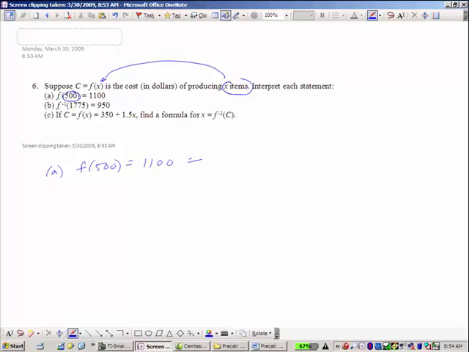Change your answer a little bit. Yes, $1,100 to make 500 whatever. So for f of 500, x is the input and x is how many we're making. The output is the cost. I think Corinne puts us in very good shape to do the next one. So Corinne, call on someone to tell us what the f inverse tells us.